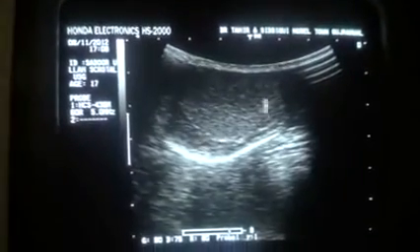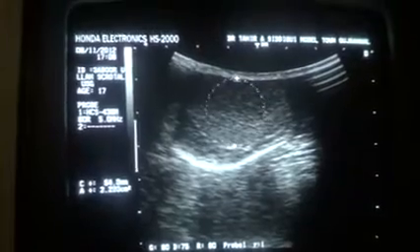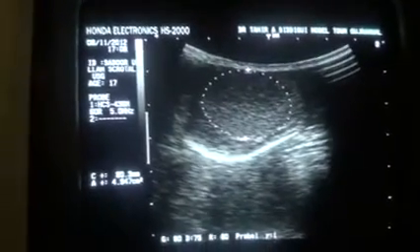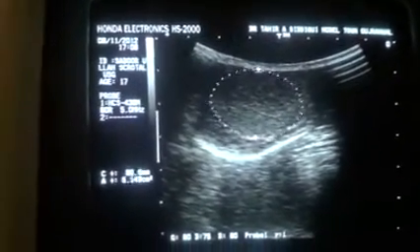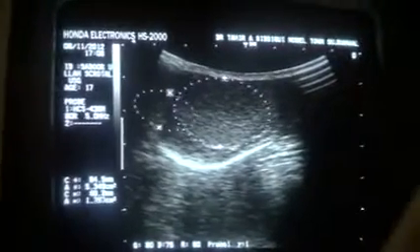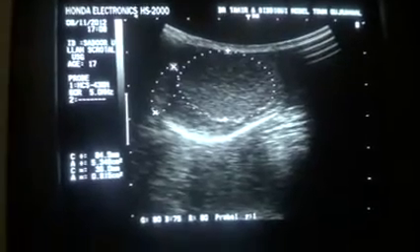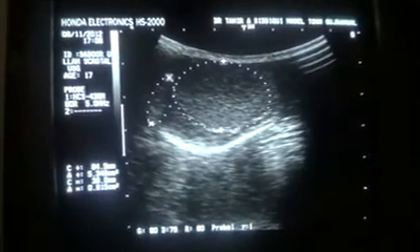This is the transverse section of the testicular tissue, and this is the epididymis. So the epididymis is normal.